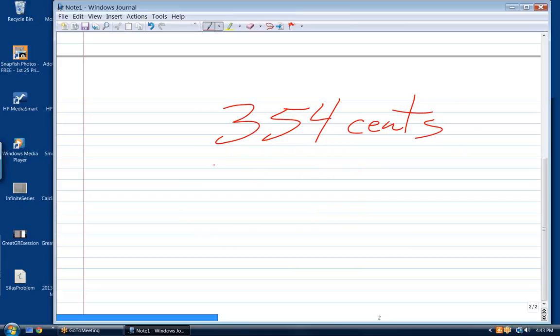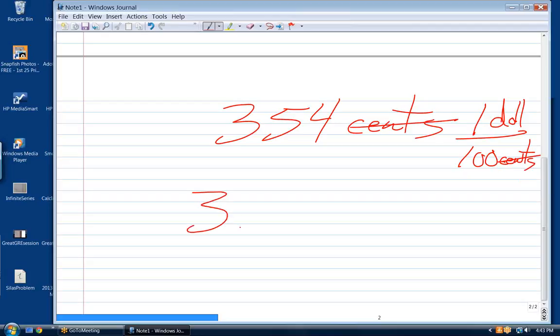I know that I can multiply that by how many dollars per cent? Well, we have $1 per 100 cents. So the cents cancel, and I end up with $3.54.